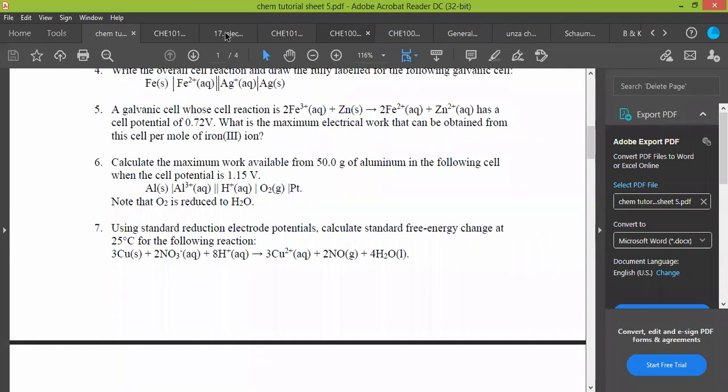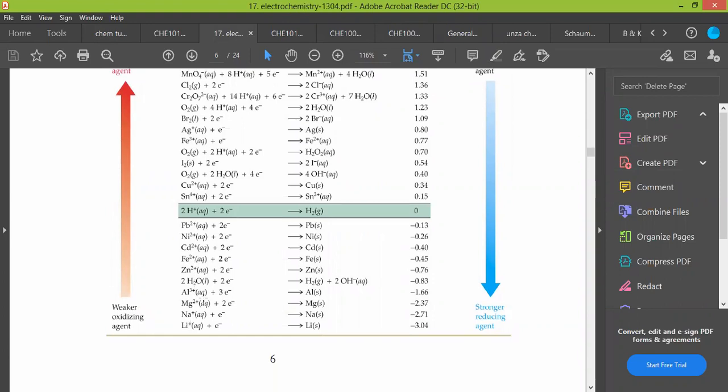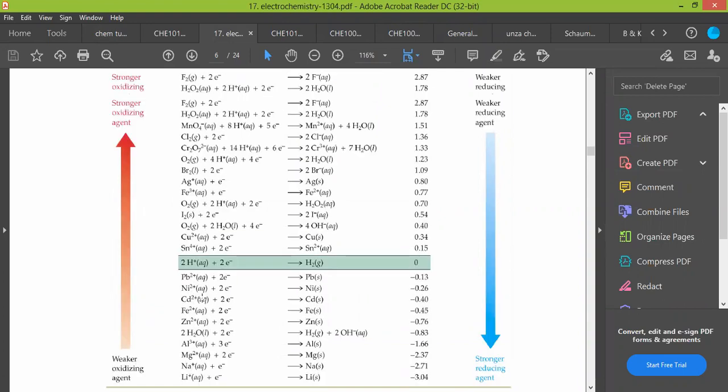Every time such a question comes, they will give you a table. So we start looking for nitrate. The oxidation state of nitrogen is changing, which is why it is being reduced. But we don't have that radical here, meaning we need to look it up for us to continue with the answers.